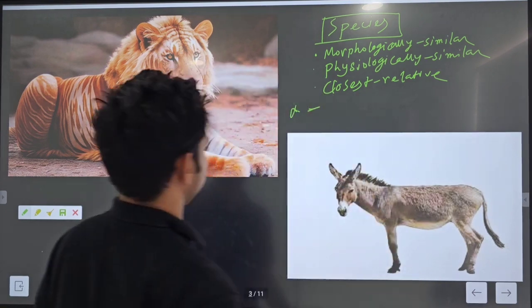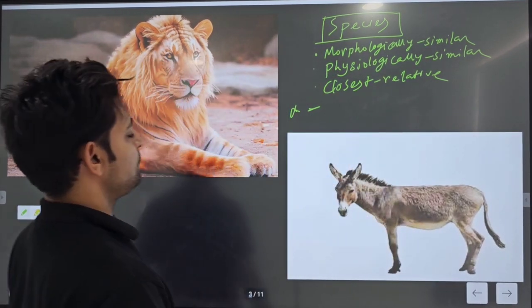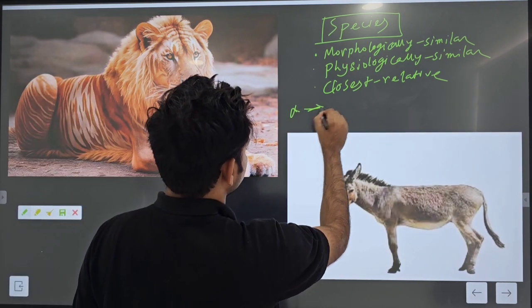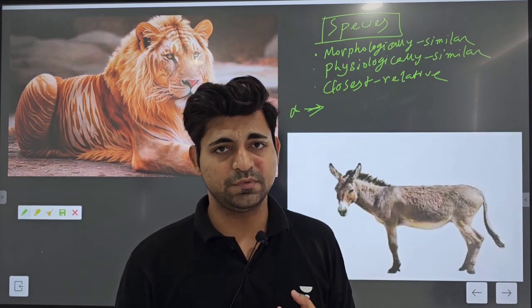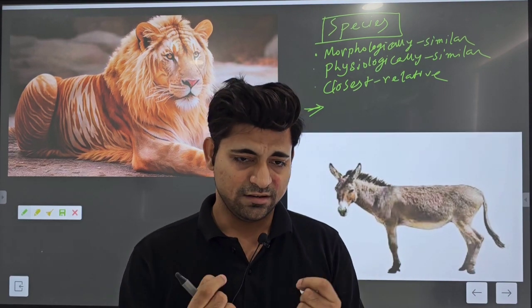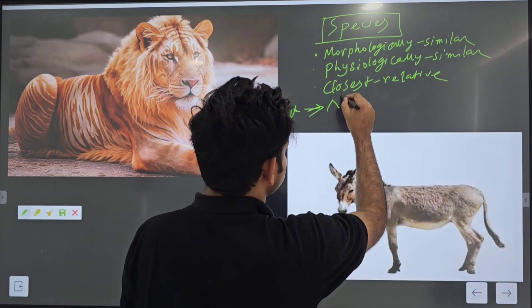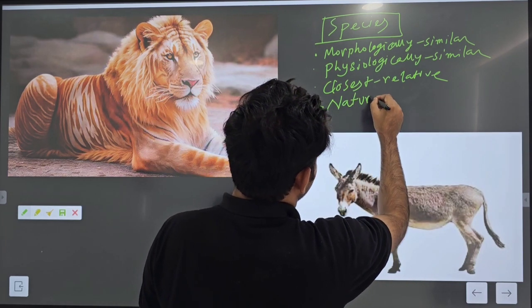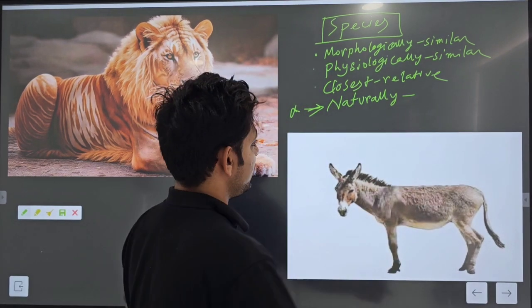And one more thing which is very much important, which was told by Ernst Mayr: a male and female of a single species, if they breed naturally, will naturally inbreed between them.